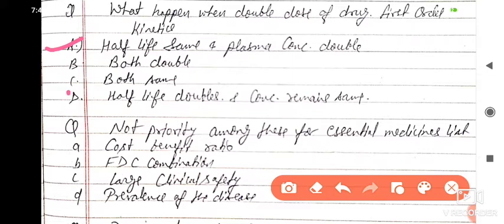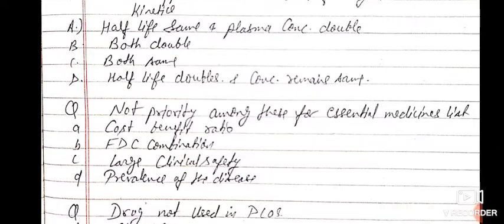So it's very much necessary, but in other countries like Canada, scorpion bite is very rare, so they are not going to produce such drugs. So cost benefit ratio necessary, large clinical safety necessary, prevalence of the disease necessary. So FDC combination is not required for a single drug. So this is the answer.